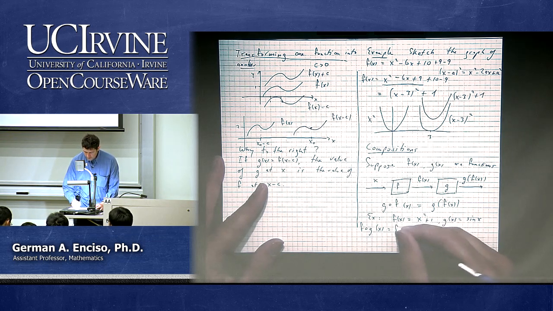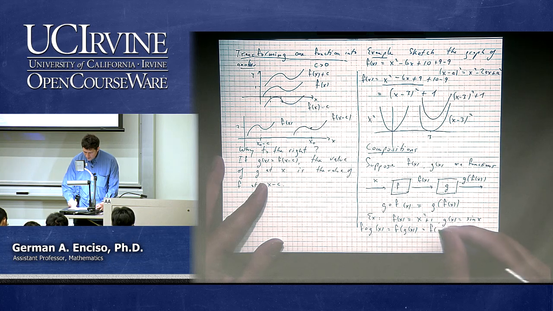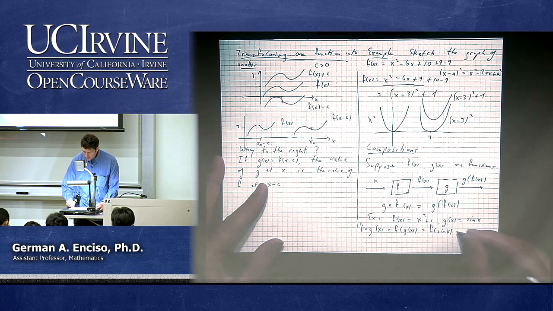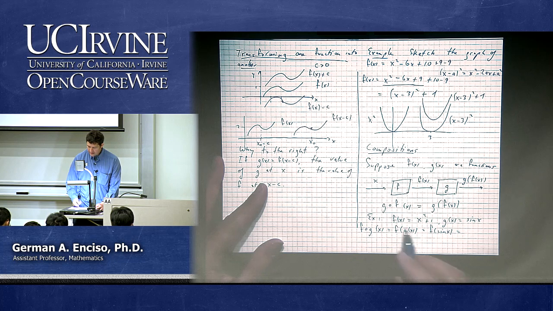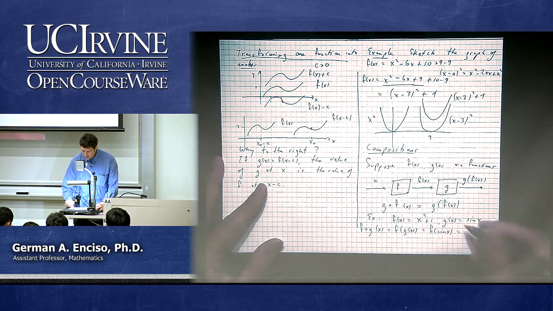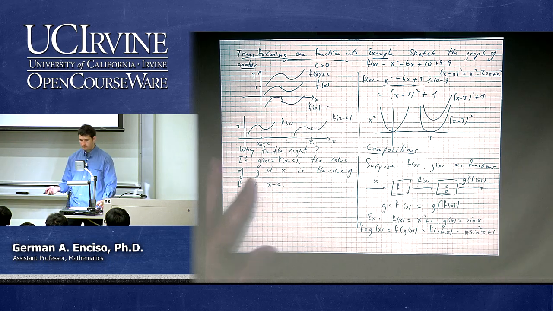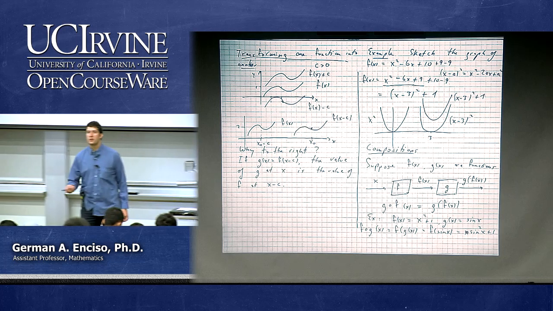It's f of g of x, but we know that g of x is sine of x, right? So it's f of sine of x. And remember, f of anything is anything squared plus 1, right? Whatever you plug into this machine, out comes that thing squared plus 1. So this is sine x squared, sometimes we can write it like this, plus 1. Sine squared of x plus 1.